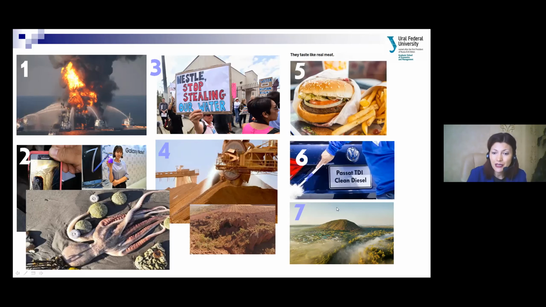Number 7 is a Russian soda company, Khushtal Mountain. Some of you who are here with us at Ural Federal University were analyzing the situation with Khushtal Mountain and realized that sometimes the biggest company, which spends a lot on corporate social responsibility, could be considered a responsible company, but only internally, because they are doing what they were told to do.